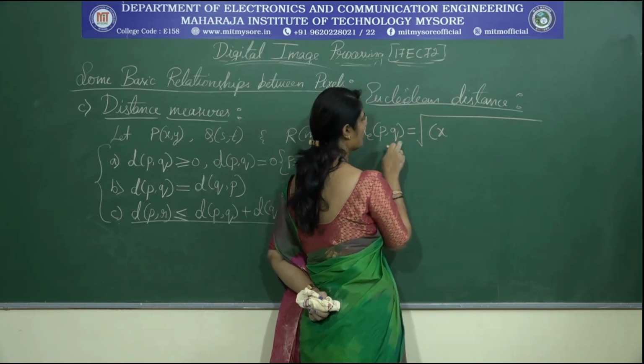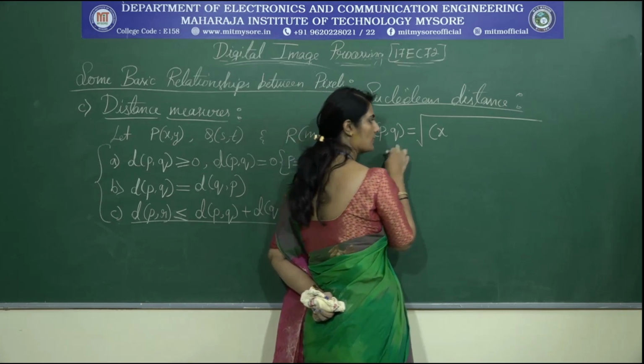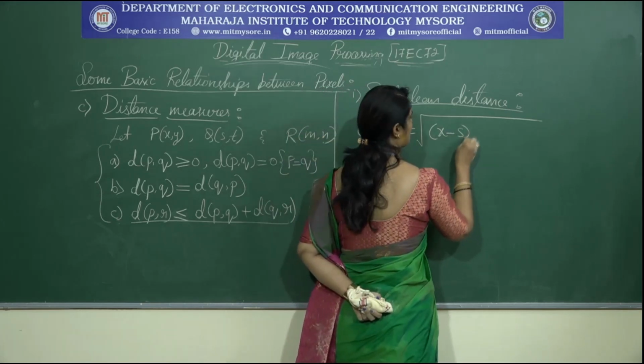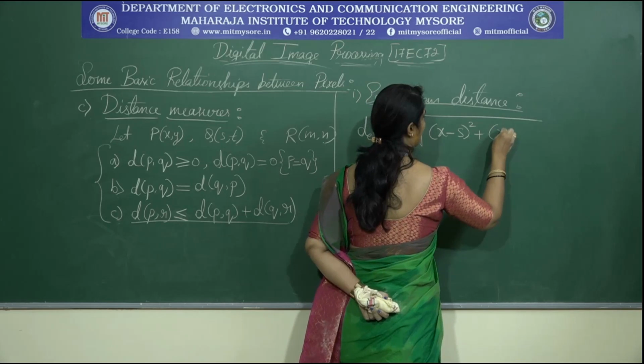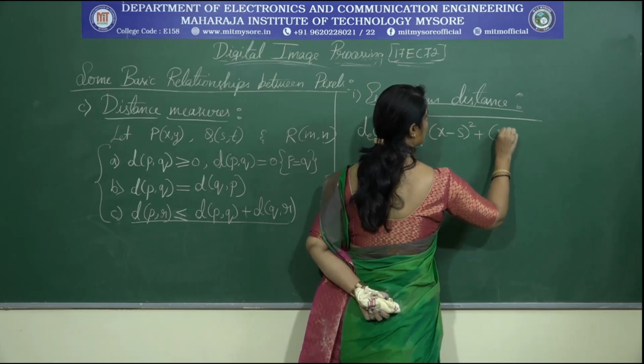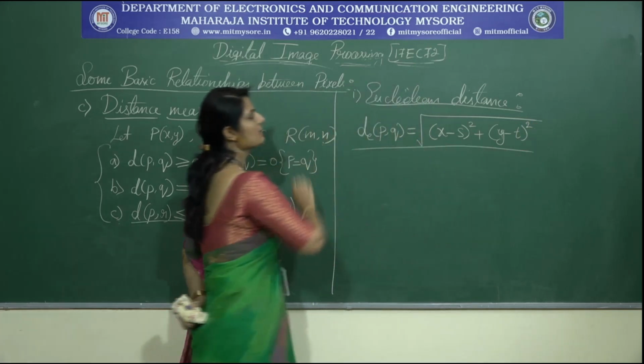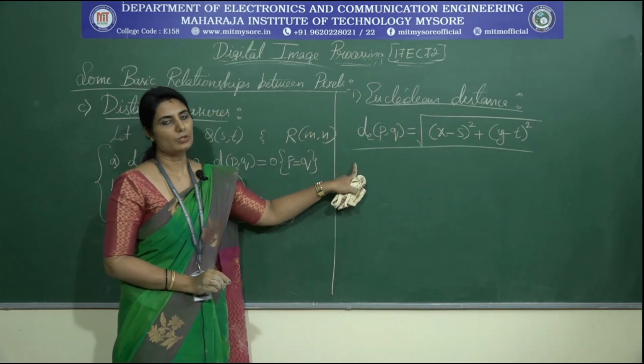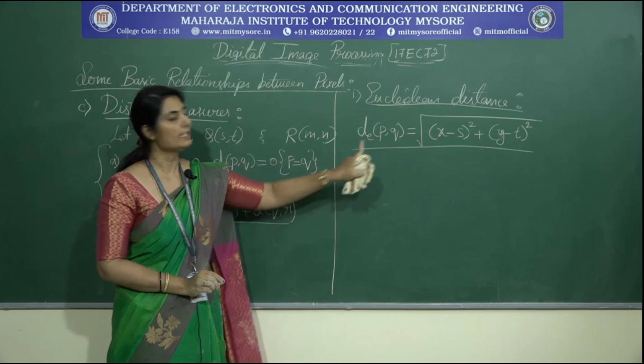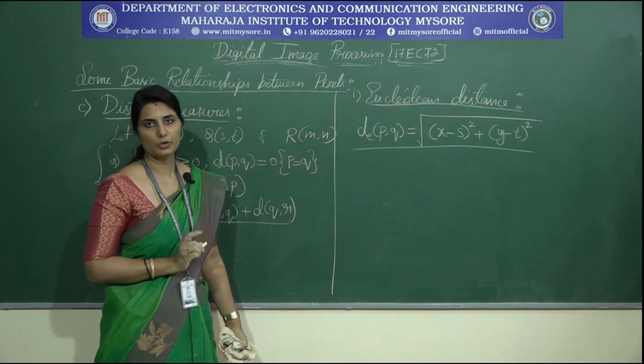It is x comma y. The coordinates of Q are s comma t. So (x minus s) squared plus (y minus t) squared. So using this formula we find the Euclidean distance between the two pixels P and Q.